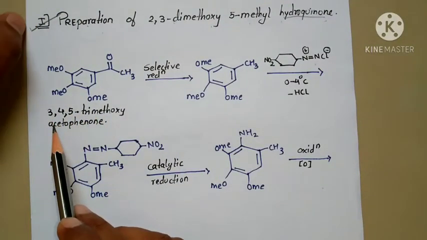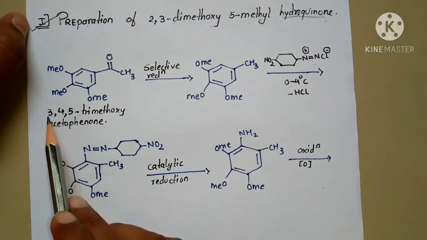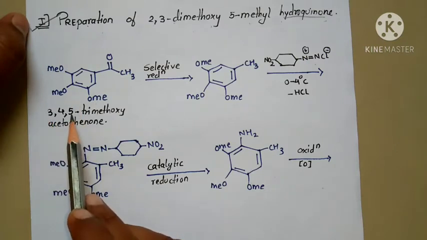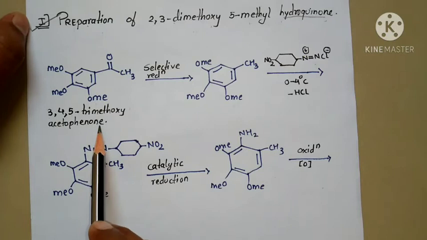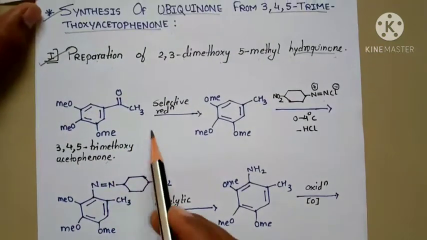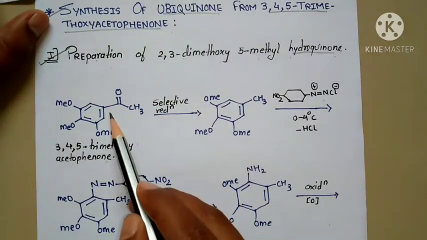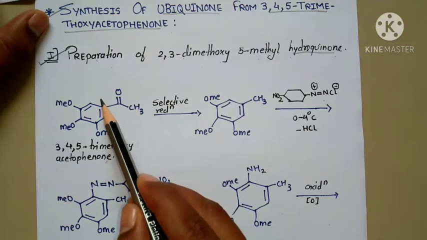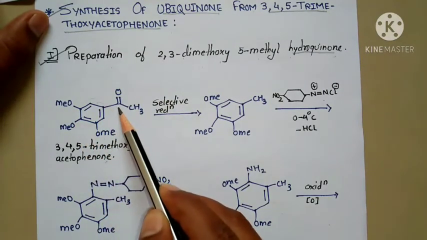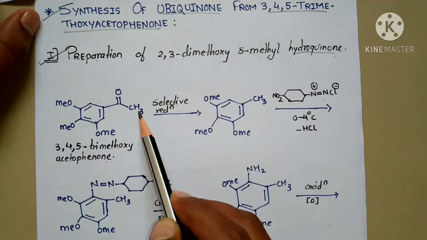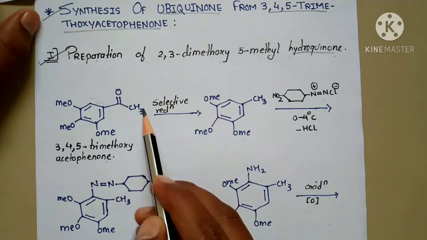First, we have to take the main reactant, that is 3,4,5-trimethoxyacetophenone. Let us see. First, we have to remember what the acetophenone part is. Benzene ring is attached to C double bond O CH3, that is your acetophenone part.